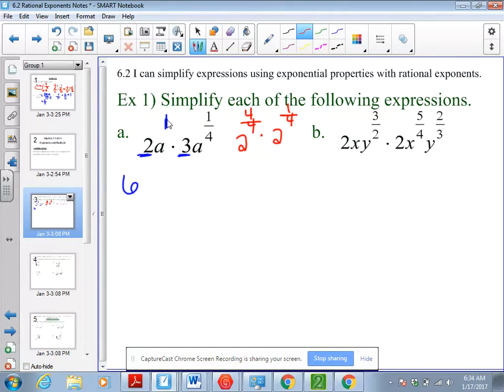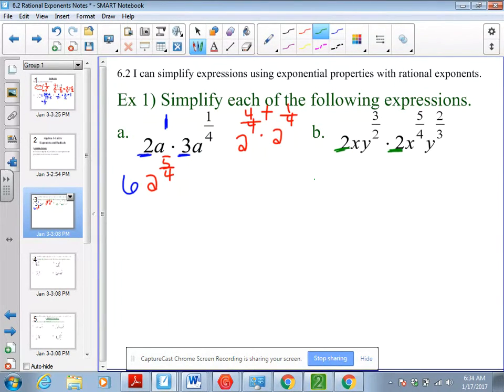And we add these exponents. So this becomes 6a to the 5/4. Now, in example B, I'm going to start by just getting the coefficients simplified.